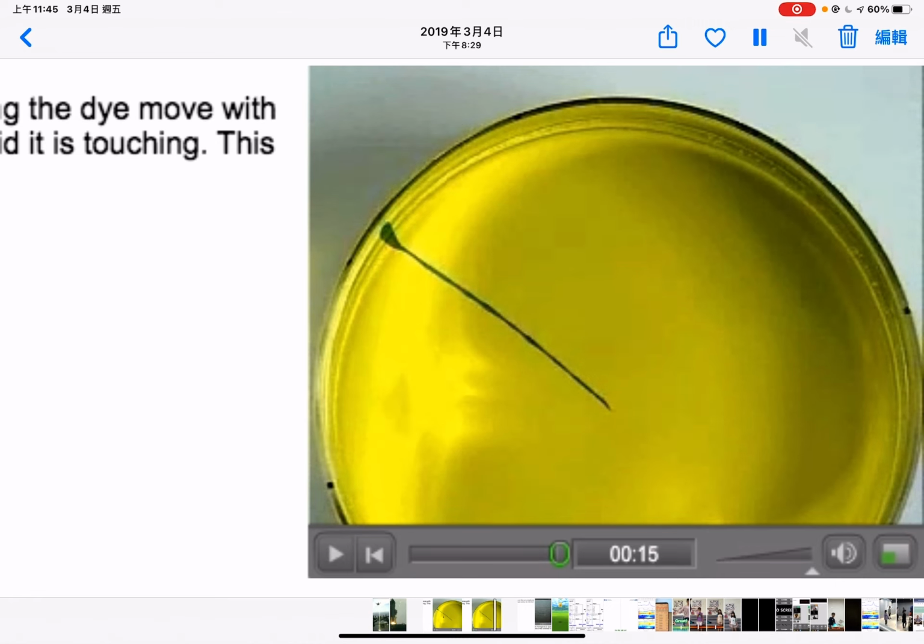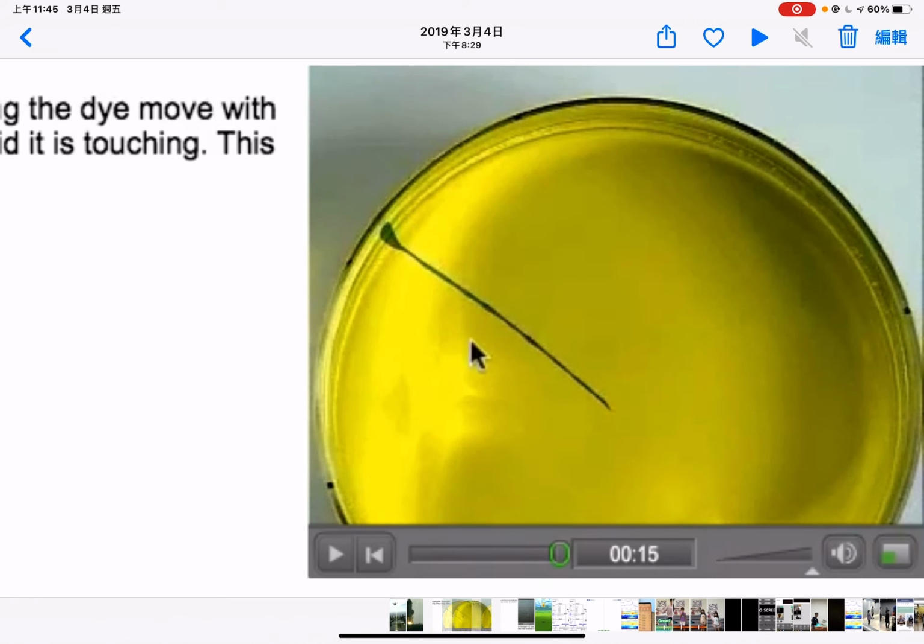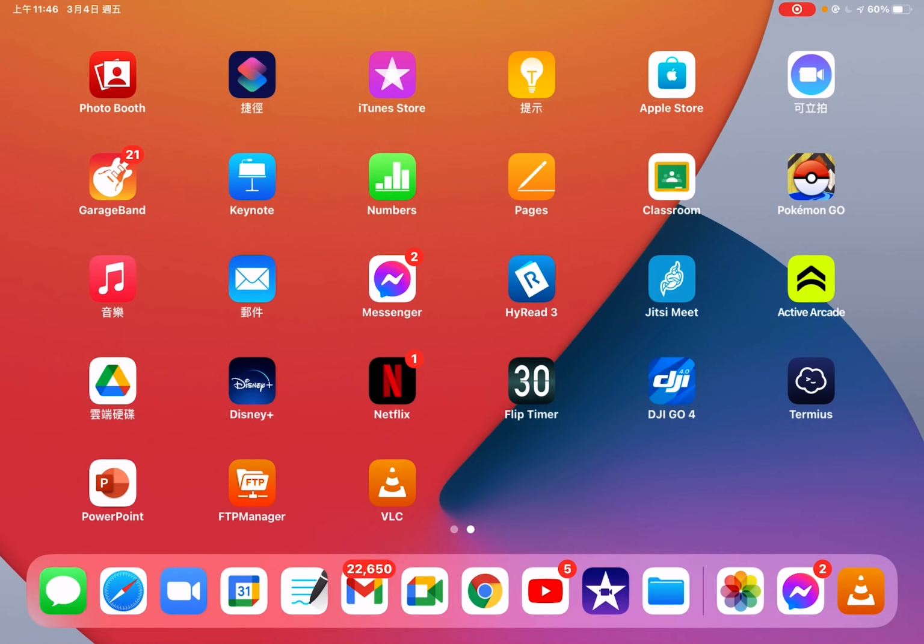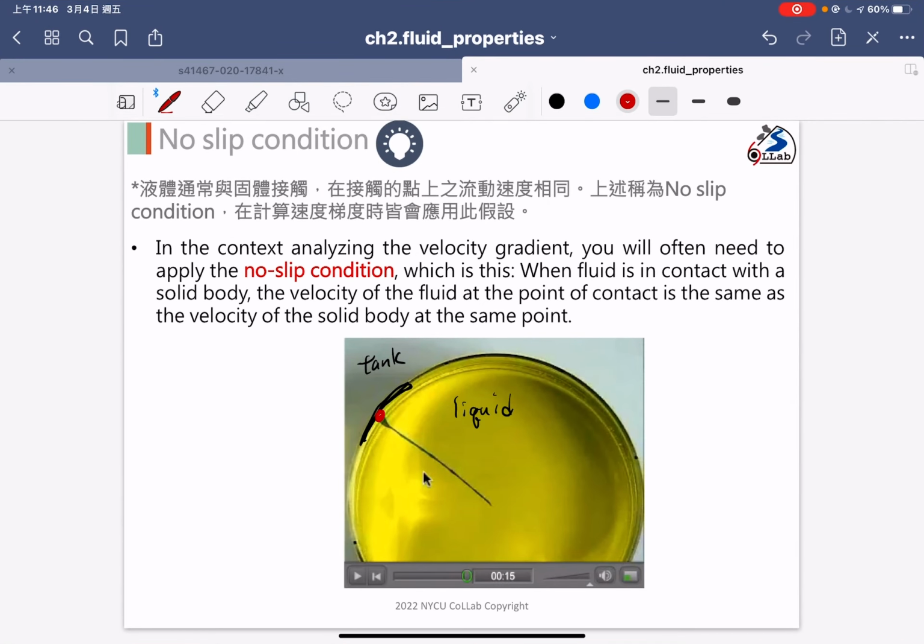If there were some relative movement, the flow could not keep going with the tank. So that's the idea. If there are different materials, at the interface we usually assume there is no slip. The material particles cannot have relative movement, so in this condition we call that the no-slip condition.